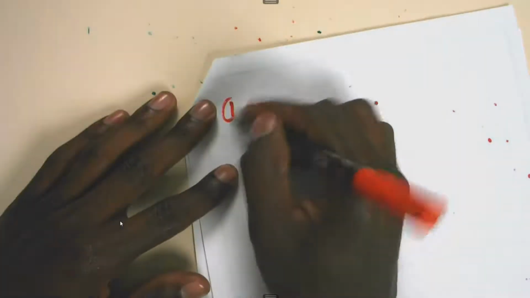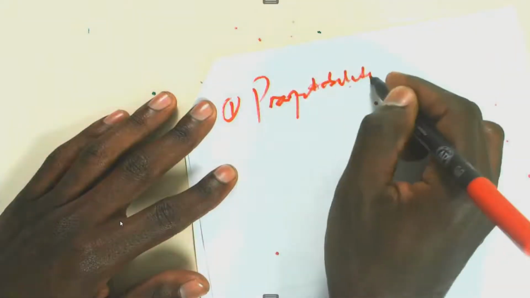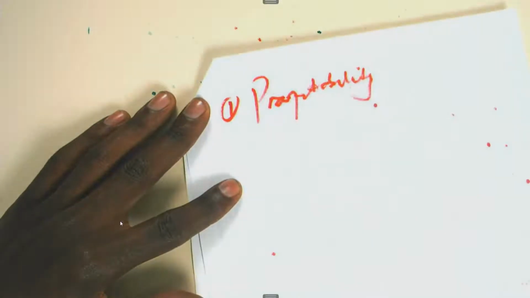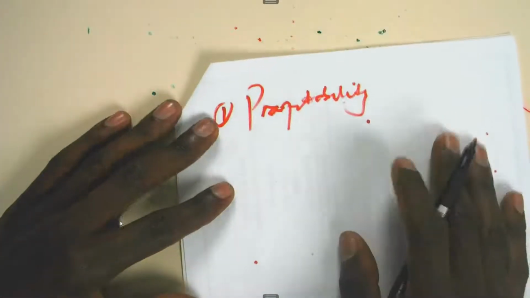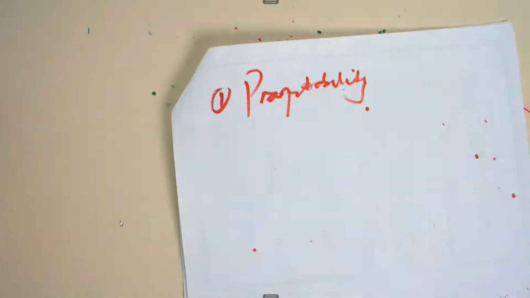Then the next category that we should also look at is the profitability of the company. Remember, the investors, before they can invest in your company, must be able to know whether the company is profitable or not.